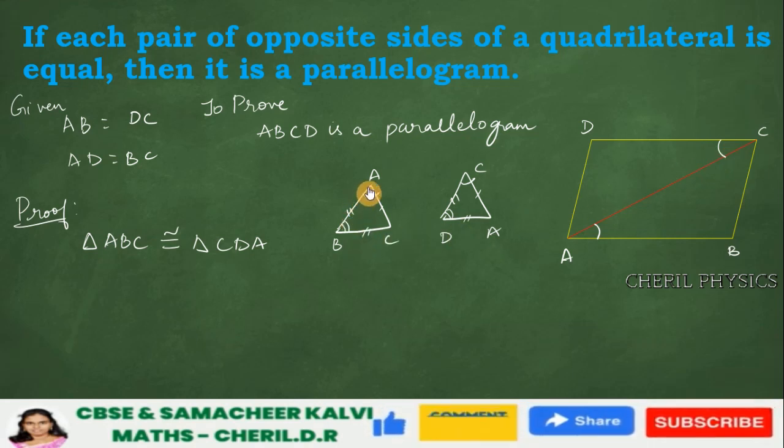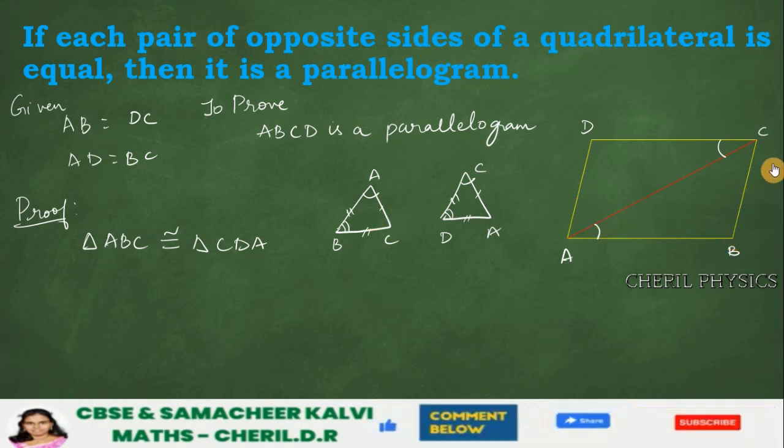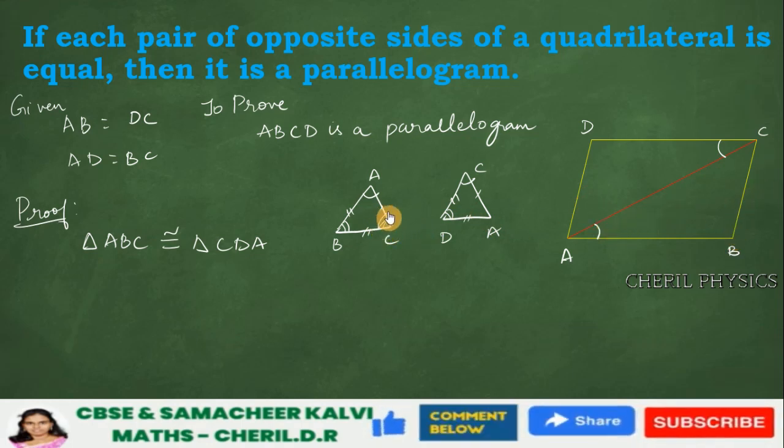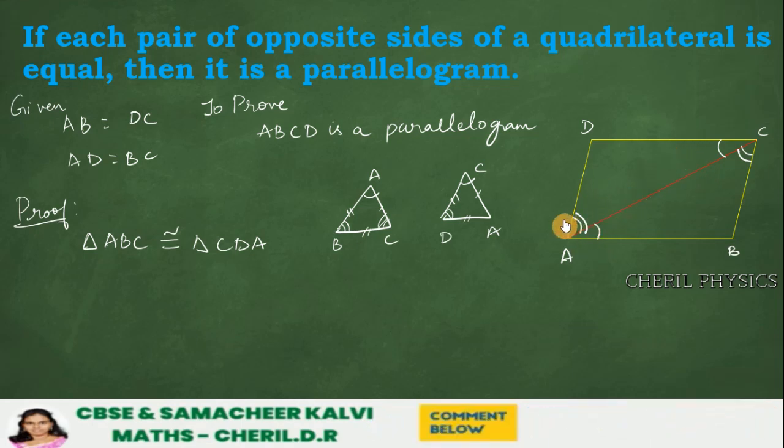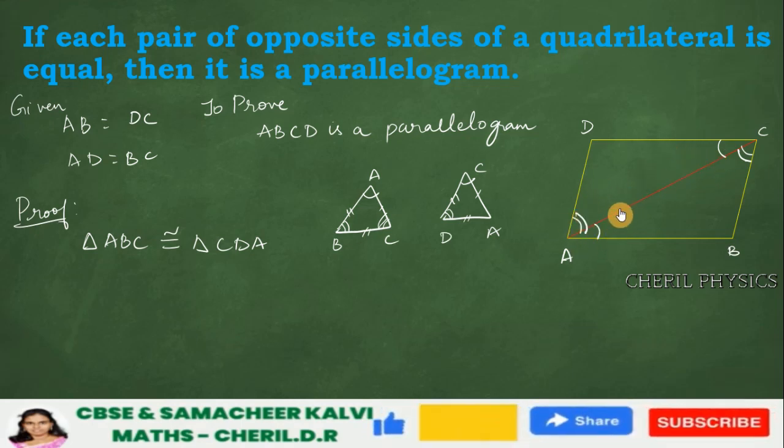Likewise, we can also talk about angle BCA, which is equal to this angle. So in this case, we can say that these alternate angles are equal. Then for sure it should be a parallelogram.